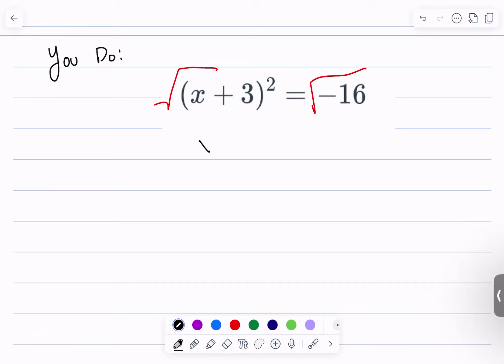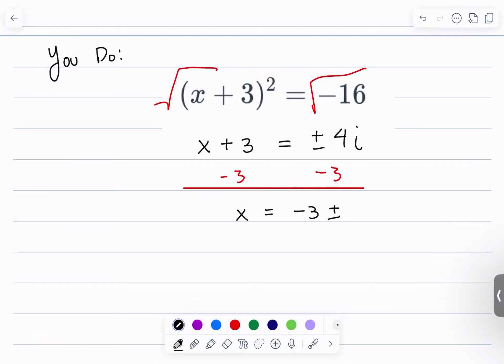Then my left-hand side is x plus 3 equals plus or minus, because I square rooted it and it's negative, so there's an i, square root of 16 is 4. And then I'm going to just subtract 3 on both sides. So your answer should be x equals negative 3 plus or minus 4i.